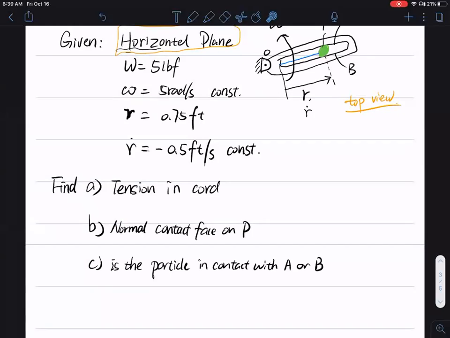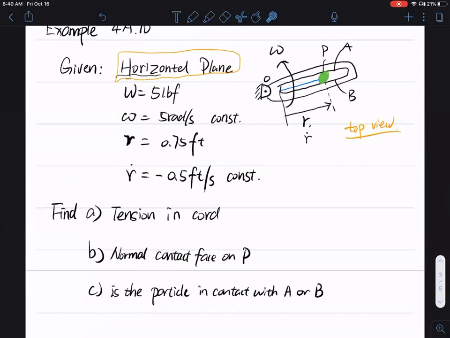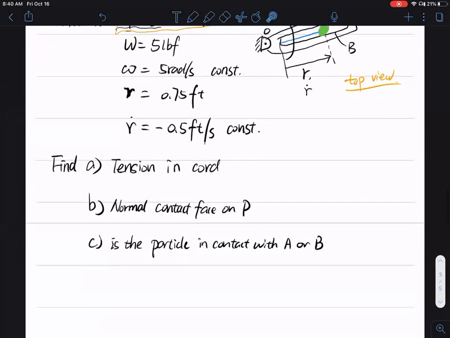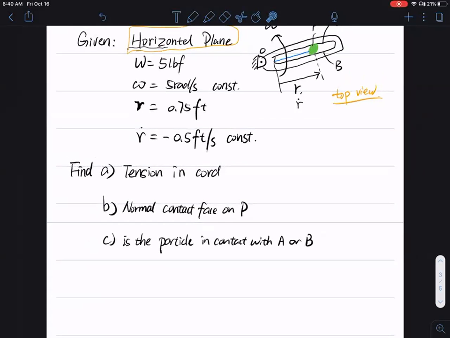And we're trying to find what is the tension T inside of that cord? And what is the normal contact force on P? So if this arm is rotating counterclockwise, is the particle P going to be in contact with surface B or surface A? Question B is, we want to find out the contact force, the normal force that particle P is experiencing.